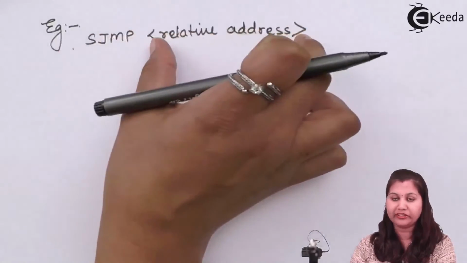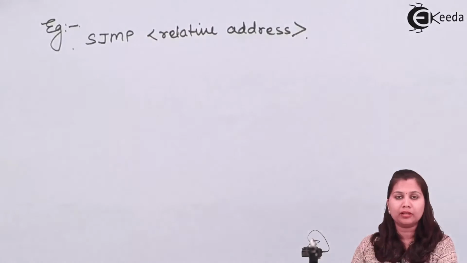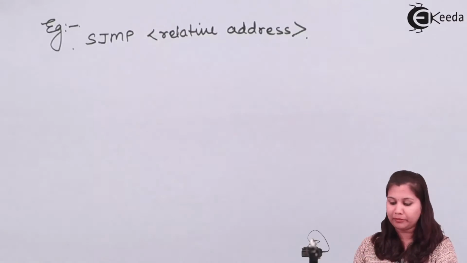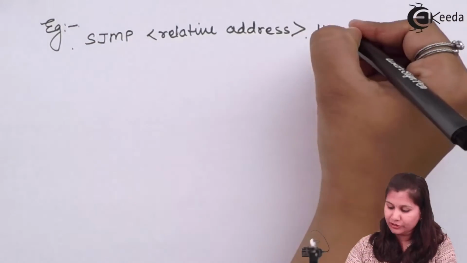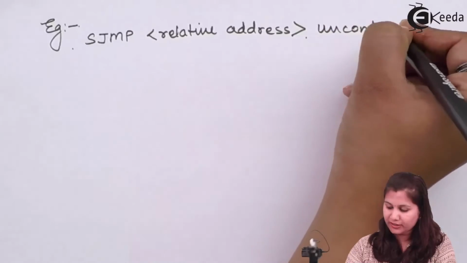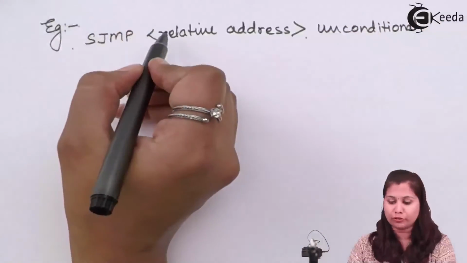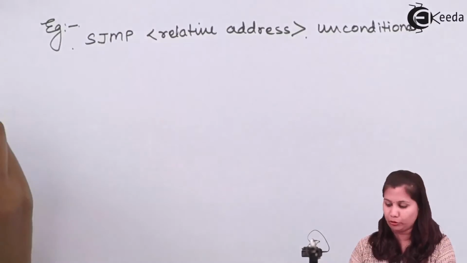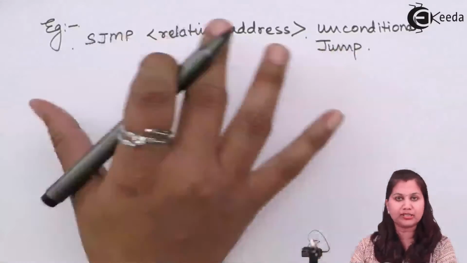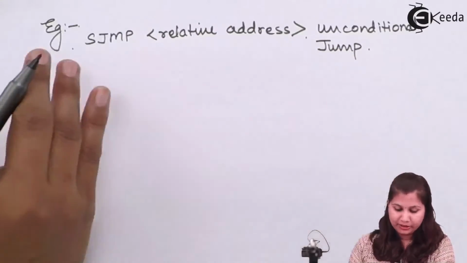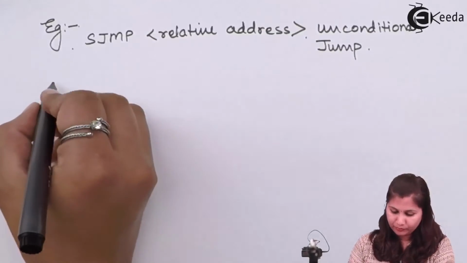Here we have to provide the relative address, that is, how many bytes we have to skip, and at that memory location we have to jump. So this is a type of unconditional jump, because no condition is required here. Every time this instruction is executed, the microcontroller has to jump to that memory location. No condition is specified in it. The remaining jumps we have are the conditional jumps.